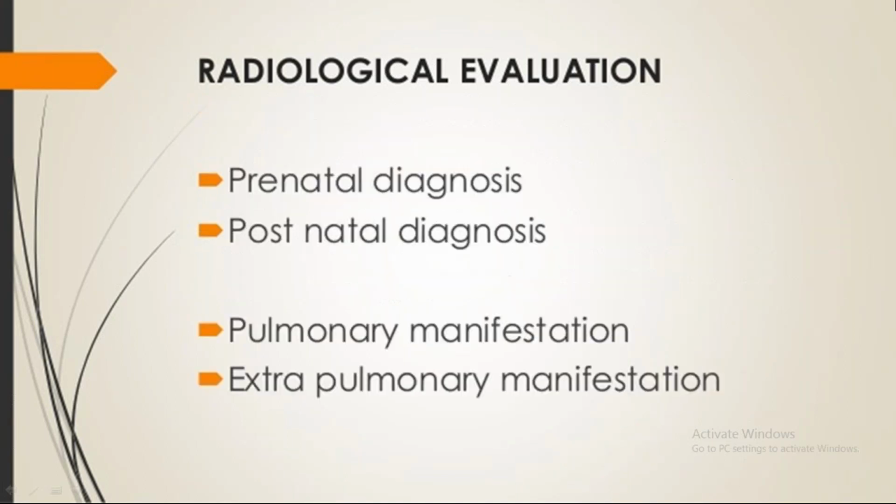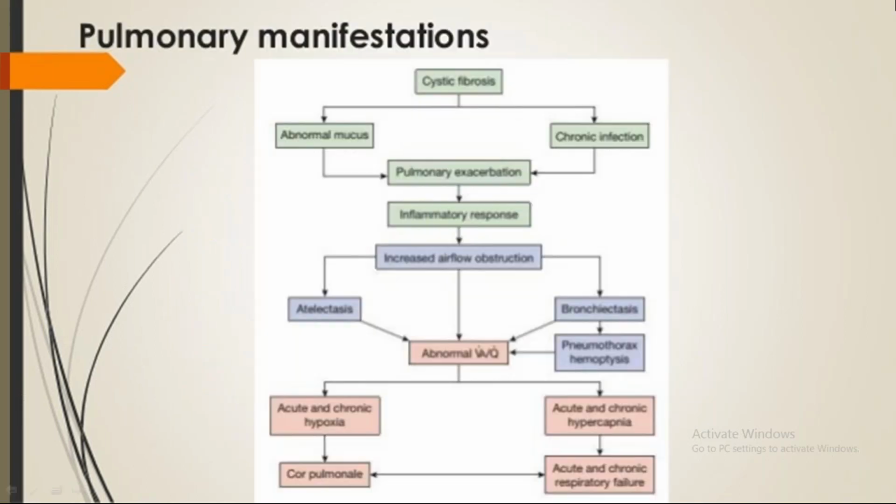Coming to the radiological evaluation, it can be prenatal diagnosis or postnatal diagnosis, or to rule out the pulmonary manifestations and extrapulmonary manifestations. Coming to the pulmonary manifestations, cystic fibrosis presents with abnormal mucus or chronic infection due to pulmonary exacerbation.